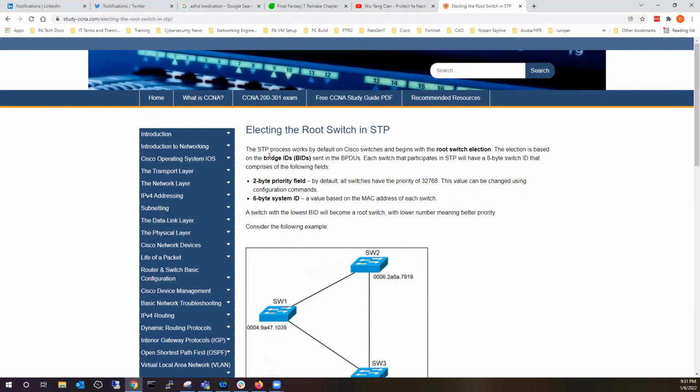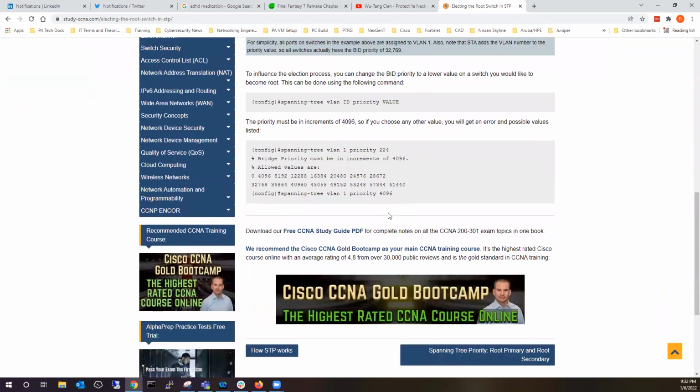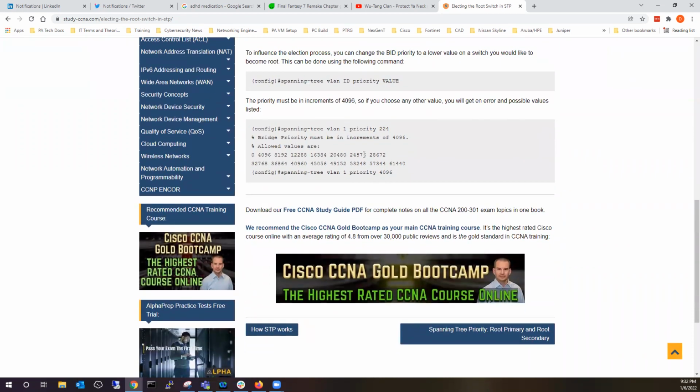So guys, look at this. Put this in your notes, take a screenshot, whatever. The election right here explains what the bridge ID is, just in case for somebody that doesn't know. The bridge ID consists of the priority and the system ID, which is the MAC address. The priority is typically this number right here by default out of the box.